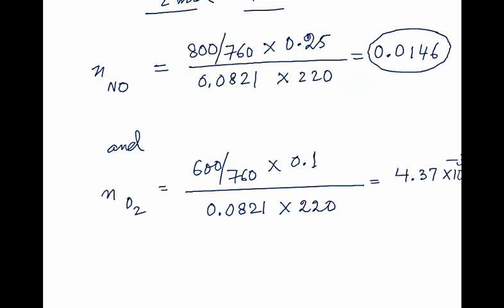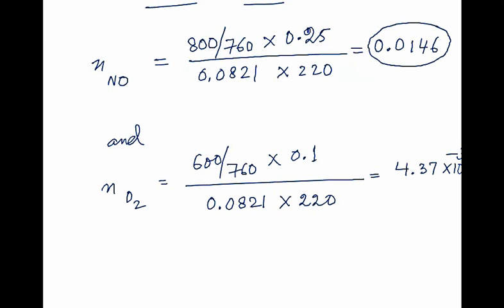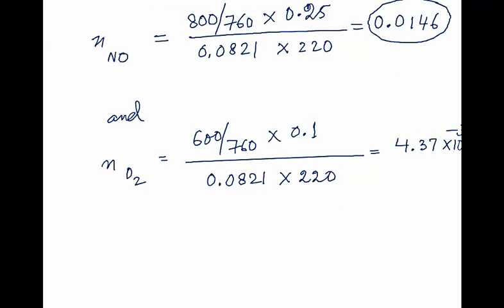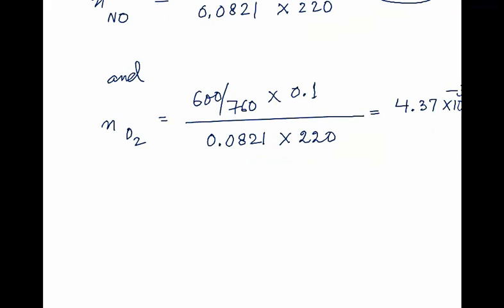So what is the number of moles of NO used? It is equal to 2 multiplied by 4.37 multiplied by 10 to the power of minus 3. So this is the moles of NO used.